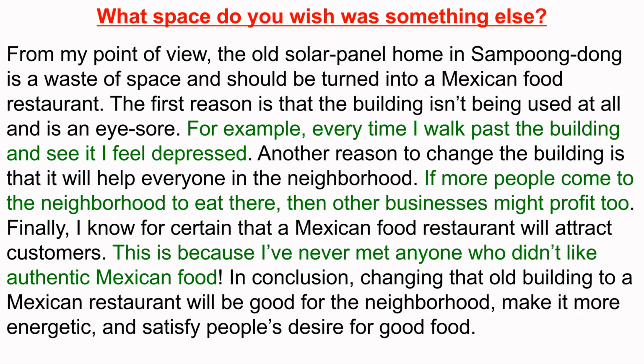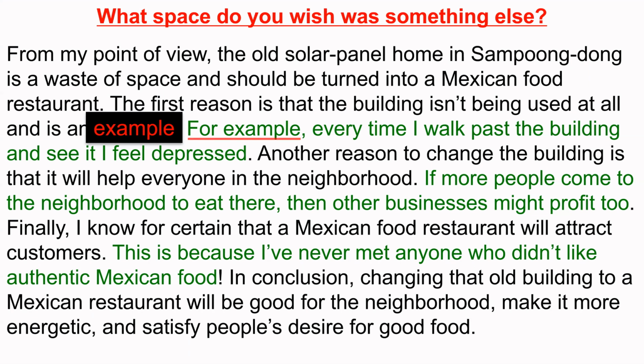All right, now, there are three types of supporting sentences that he uses here. There are many more, but in here, there are three types that he used, and that would be an example. Well, for example, that's an example.